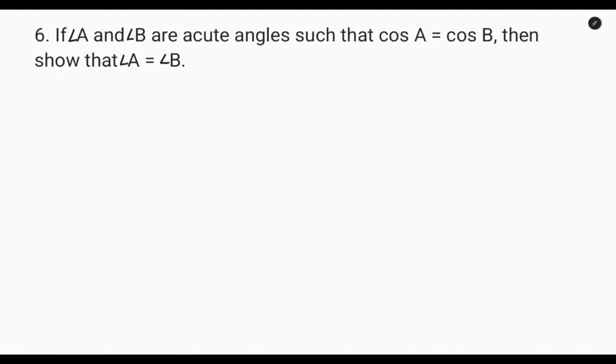Now going to the next question, here we are given angle A and angle B are acute angles such that cos A is equal to cos B. Now we will draw two right angle triangles.